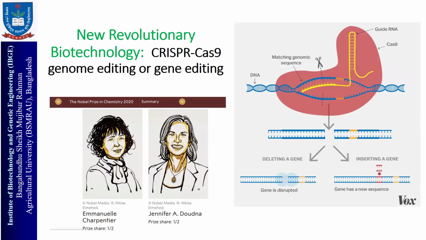And here is the simple process, what you need to do. The yellow one is the guide RNA. This guide RNA, a single stranded one, you design in a way to target a specific DNA sequence where you want to edit.